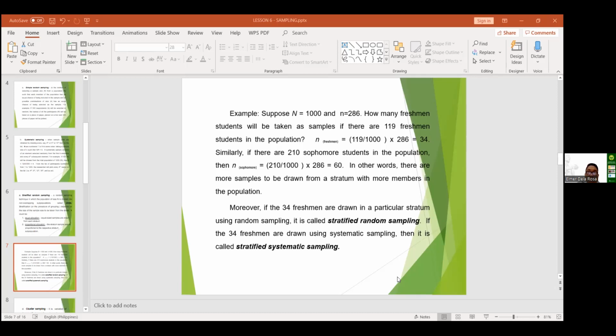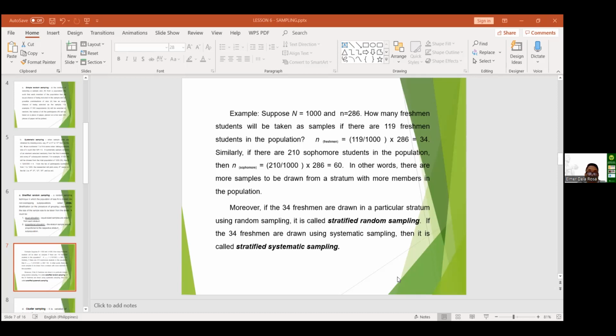So the situation is there are 1,000 students, 119 of these 1,000 ay freshmen at ang kukunin natin ay 286. So ilang freshmen ang kukunin natin para masama sa 286?